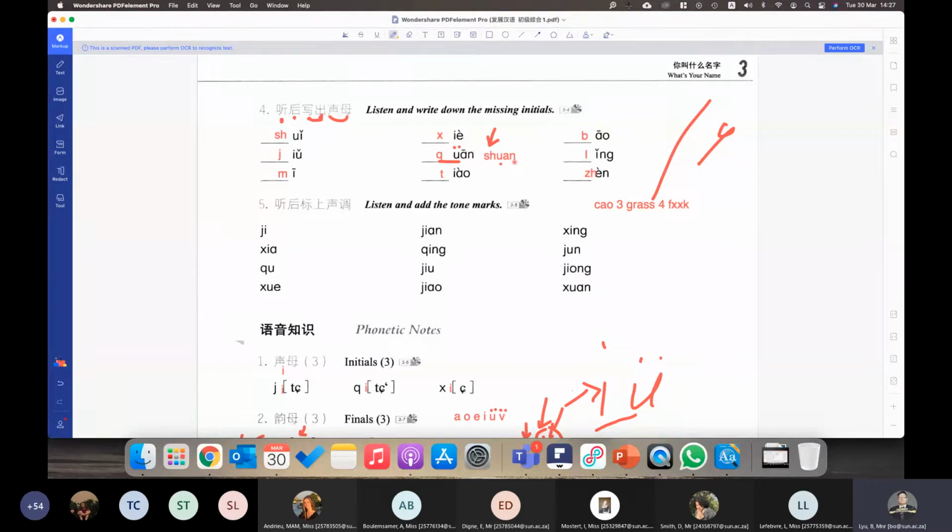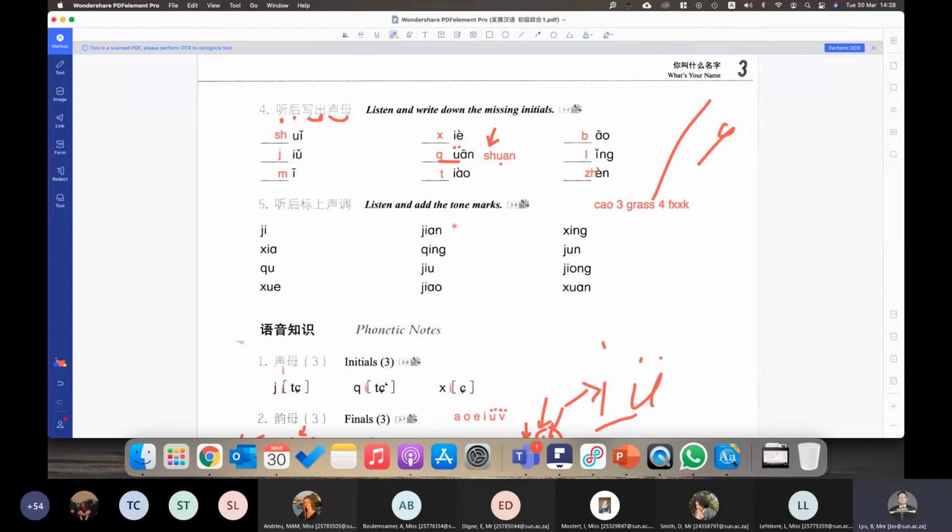Now let's read them together. Repeat after me. 水蟹包酒圈领咪跳阵.